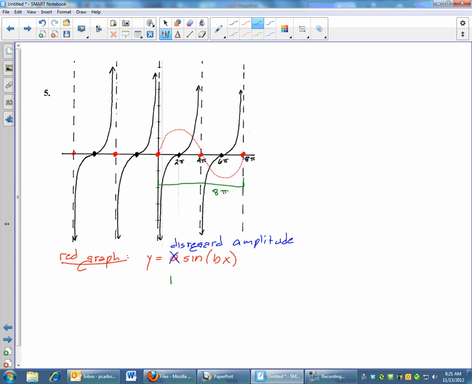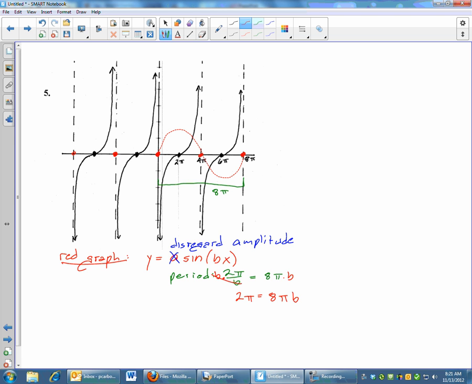So our period of the red graph, and remember period is 2 pi over b, needs to equal 8 pi. And we'll solve that equation the exact same way I solved all the rest. I'm going to multiply by b first. Those will cancel, giving me 2 pi equals 8 pi b.